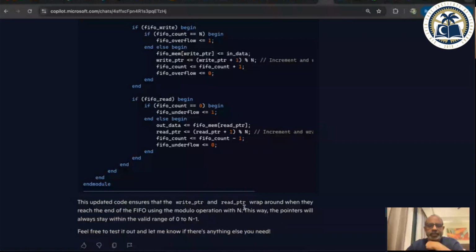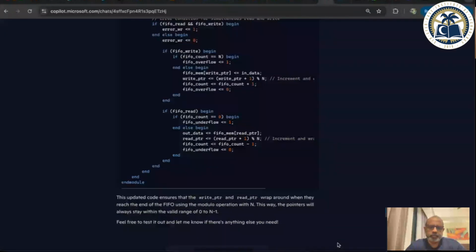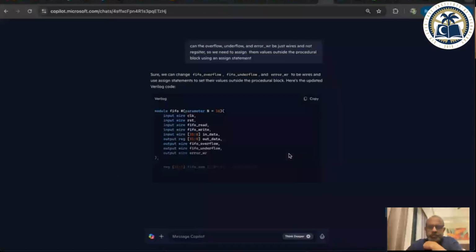So it has made this correction, and then I wanted to make another correction. I'm asking it to move them to the assign block, and I want to see whether it does that or not.